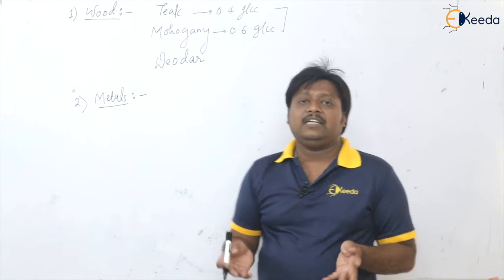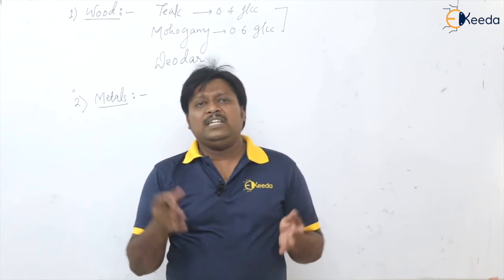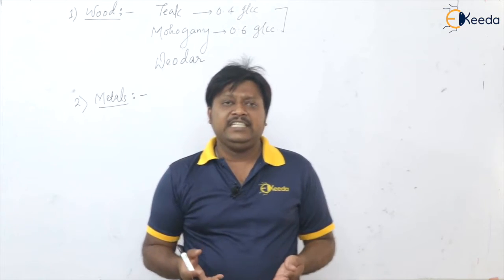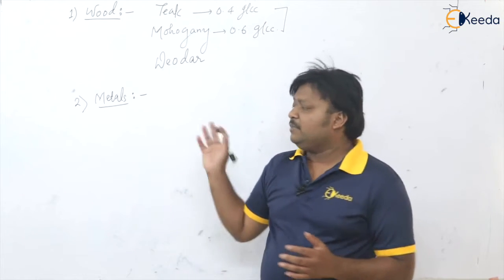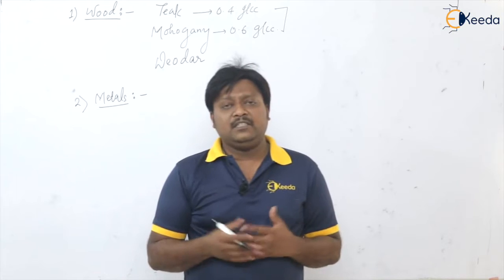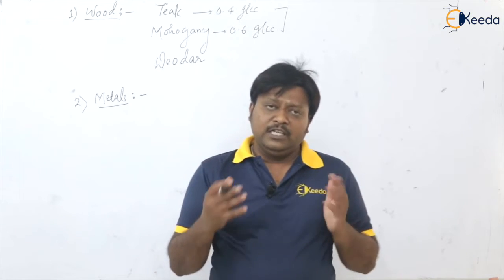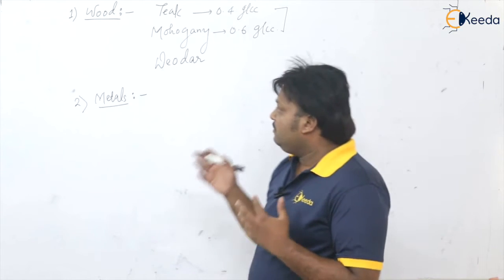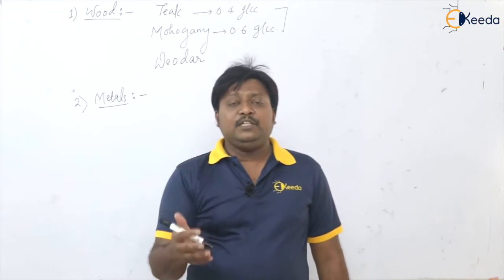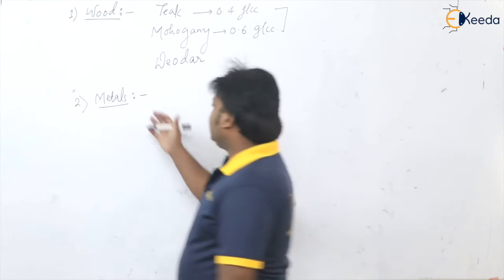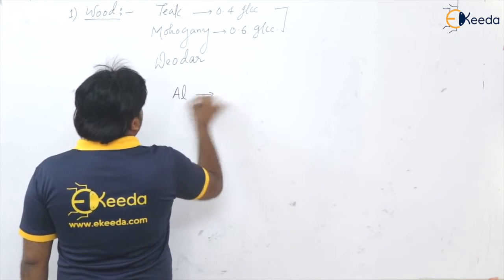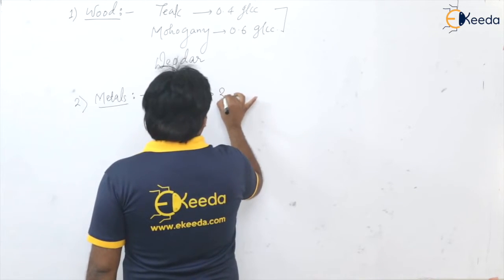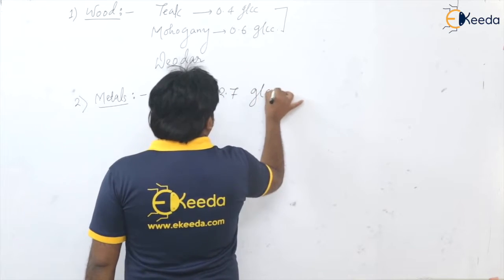Now if you look at the characteristics, the only issue is the density. So among metals, we go for such metals which have very low density. Which metals can be used as pattern materials in this category? We have aluminum. We know the density of aluminum is 2.7 grams per cc.